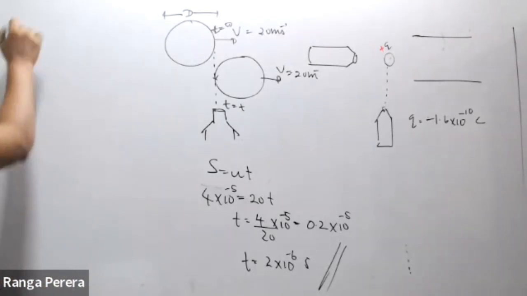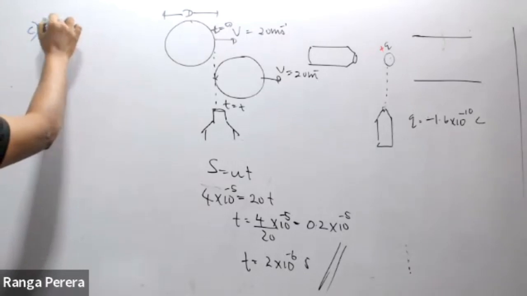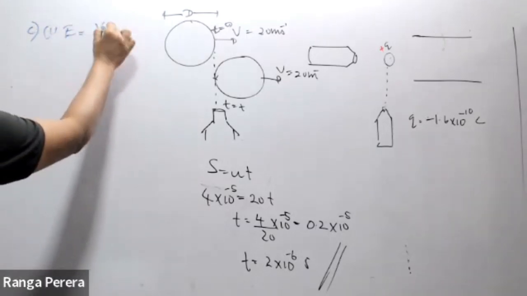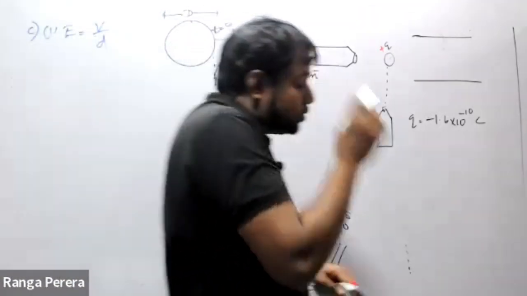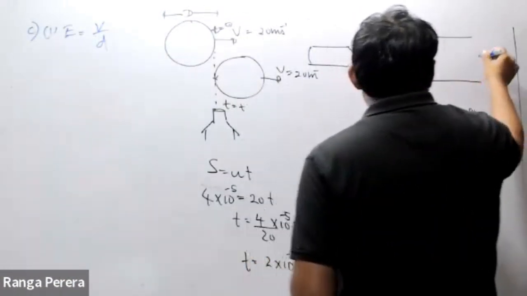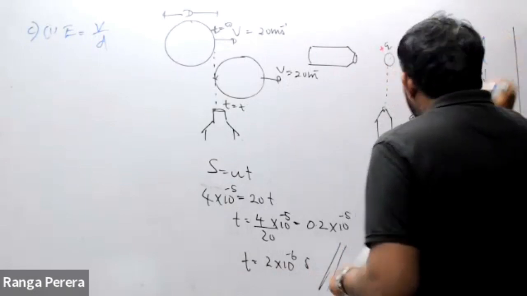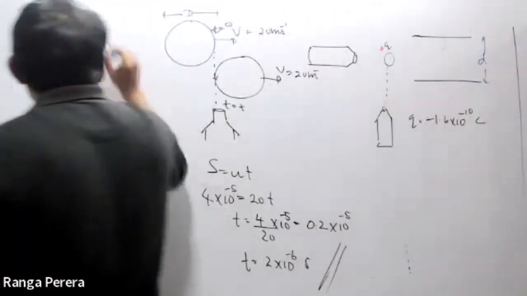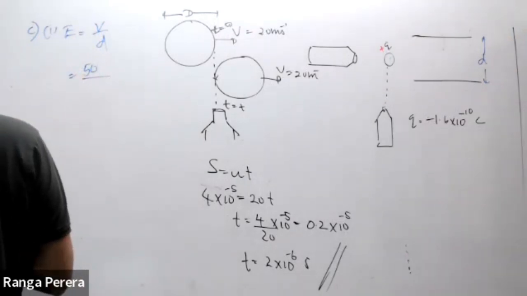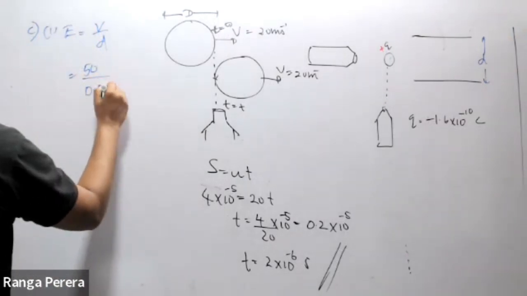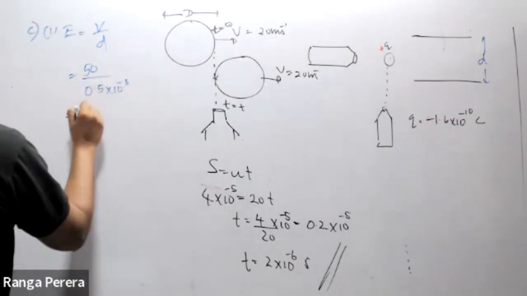Find the electric field intensity. C, part 1. Electric field intensity equals voltage divided by the D. Actually, I told you electric field intensity is given by the voltage divided by the D. Voltage is given as 50. D distance is given as 0.5 millimeter, 10 to the power minus 3.